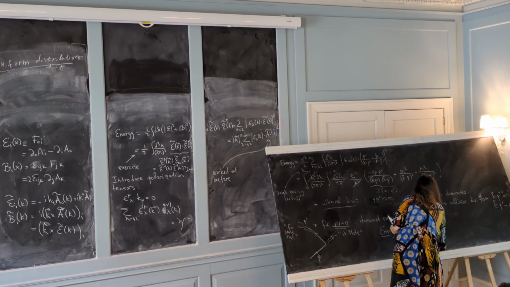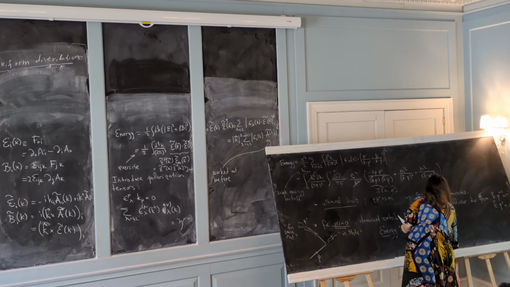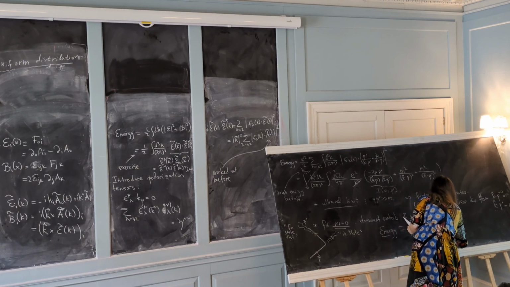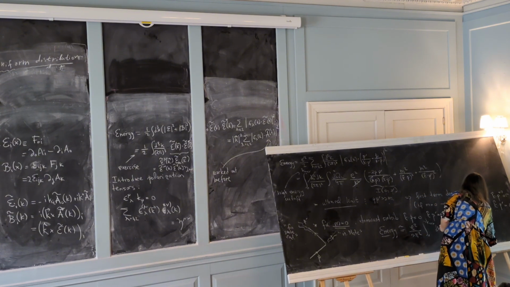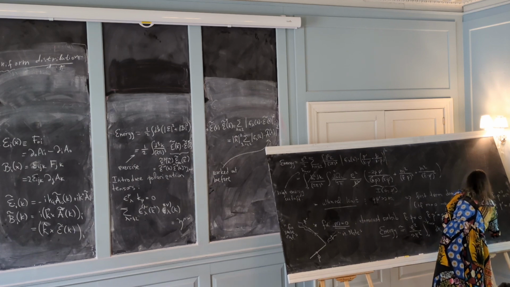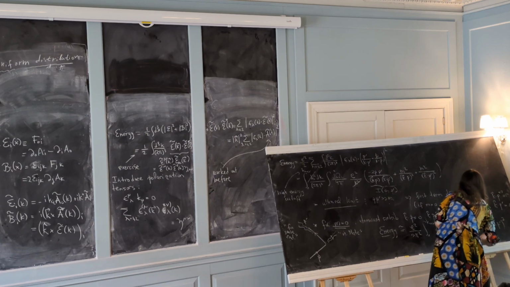But the result is that the energy simplifies, and it's approximately given in this limit by an integral from 0 to k max dk, and then you get a log of q squared divided by m squared, where q squared I'm defining to be the difference between p and p prime squared.